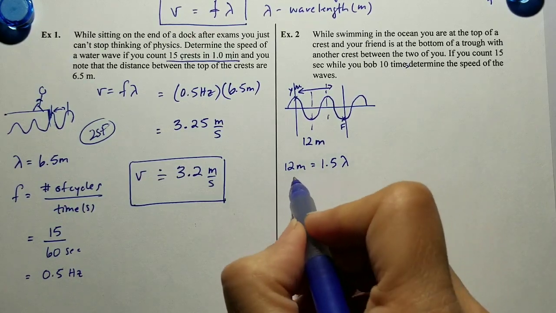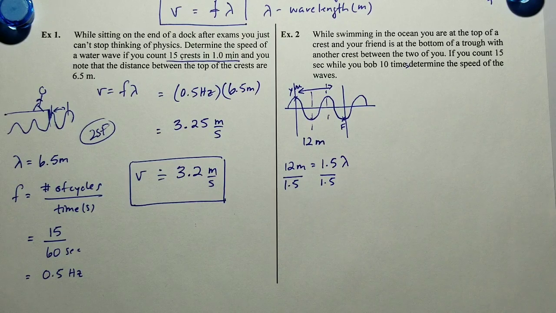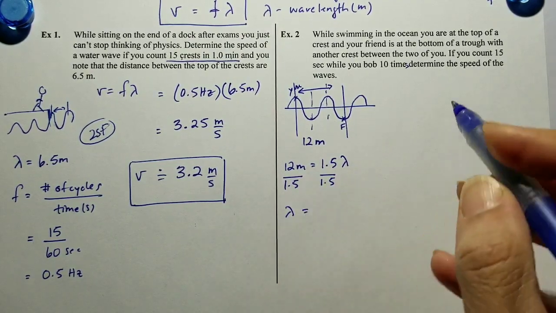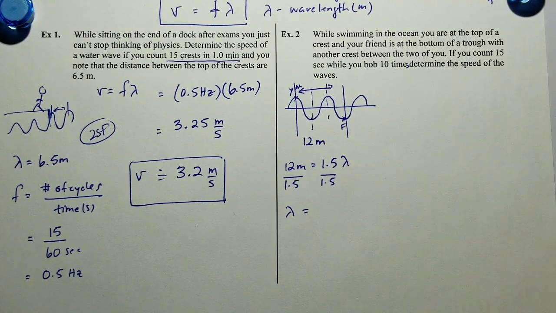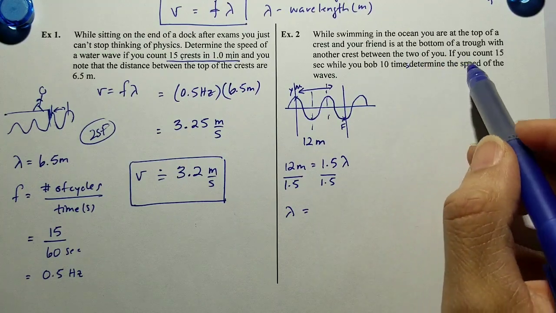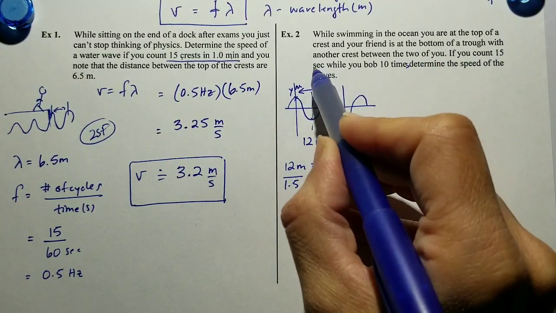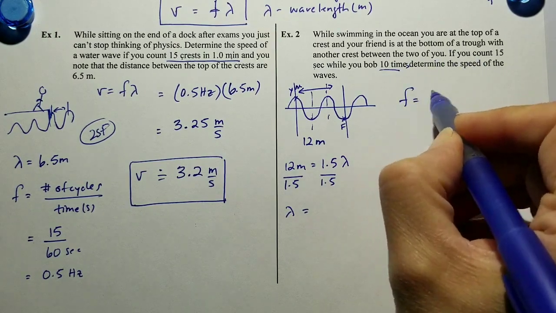To solve for lambda, you divide by 1.5. Okay, if you need your calculator, you go ahead and do that. Or maybe you can think about that in your head. Okay, and you can figure that out. Now, the second part here, when you're counting 15 seconds, you bob 10 times, that's going to give you frequency.